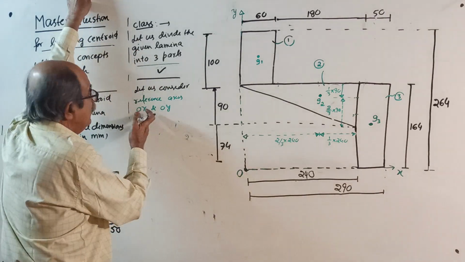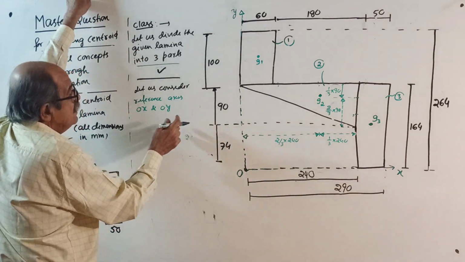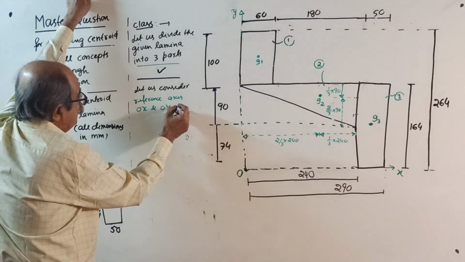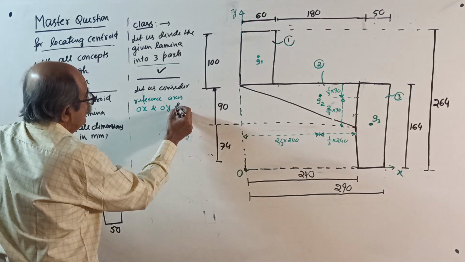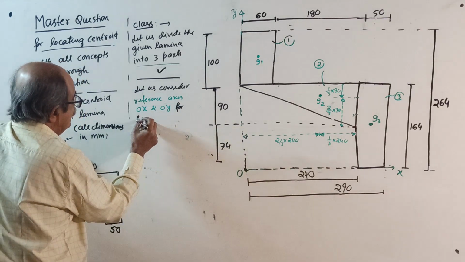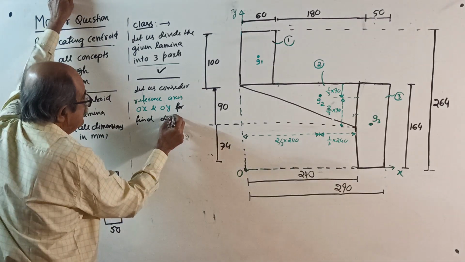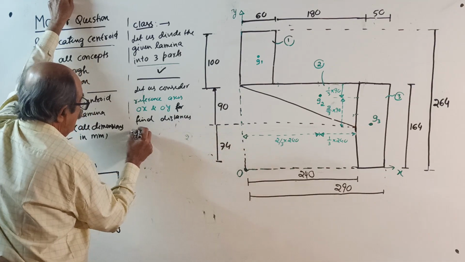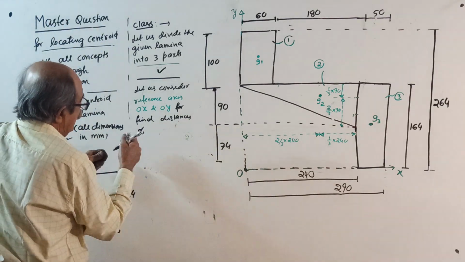This is my choice. OX and OY for locating centroid, for finding distances of centroid.